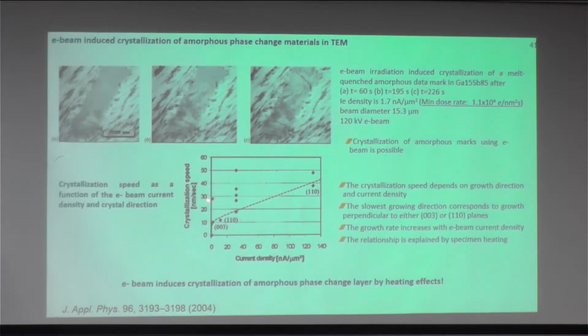What we can see is that the crystallization speed of this material depends on the current density. At low currents we see a low crystallization speed, and at larger currents a higher one. This also gives us an idea how the current density can influence the amorphization and the damaging processes in the TEM.